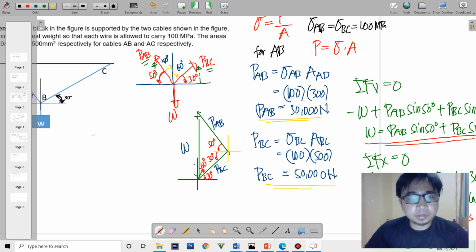So of course, PAB is inclined with the vertical with 40 degrees. This is 40 degrees. So therefore, this is also 40 degrees. So PAB with the vertical is 40 degrees.